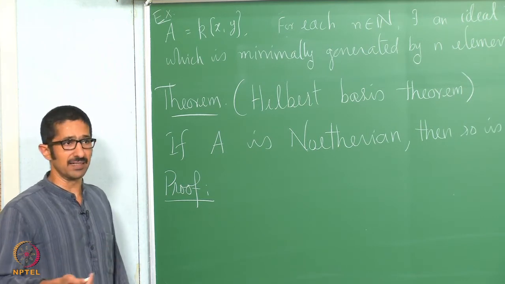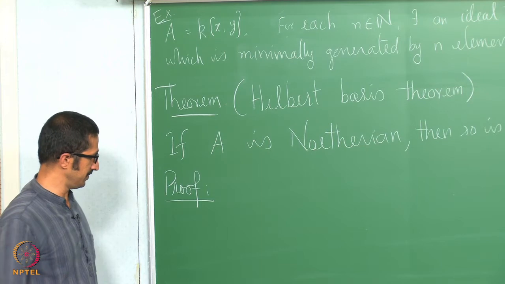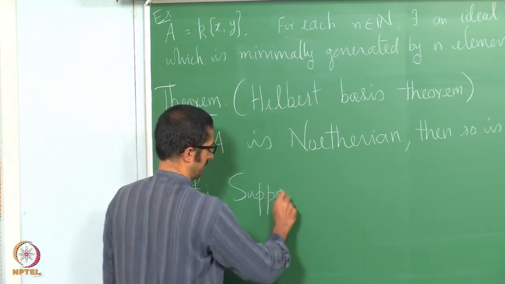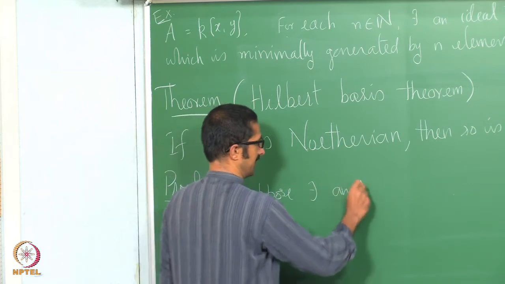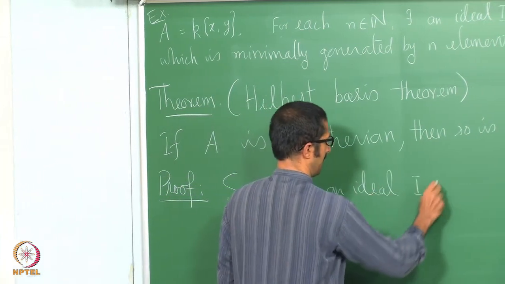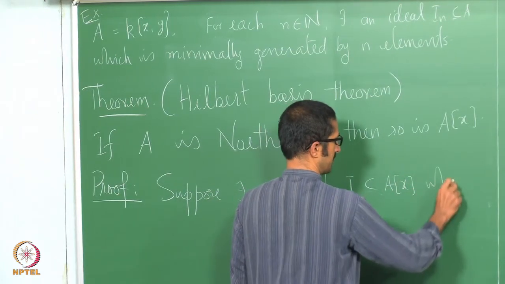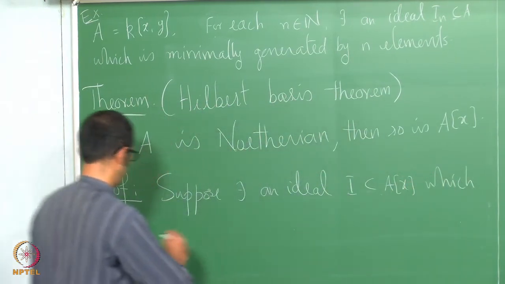Suppose there exists an ideal I in A[x] which is not finitely generated.